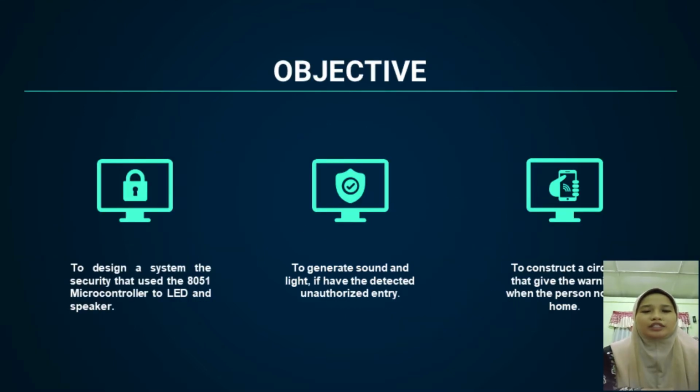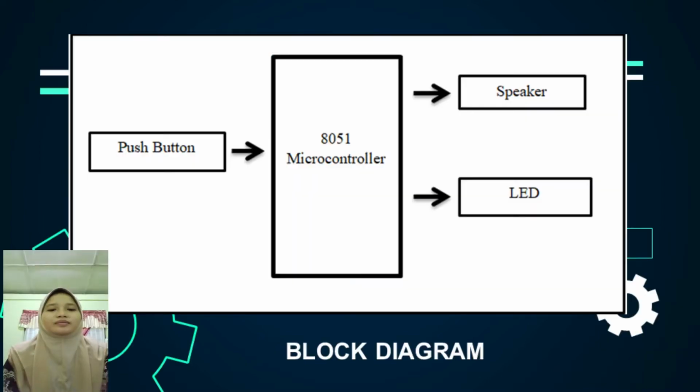From the introduction, we know the burglar alarm system is for security. In the block diagram, we have three parts, which are input, processor, and output.